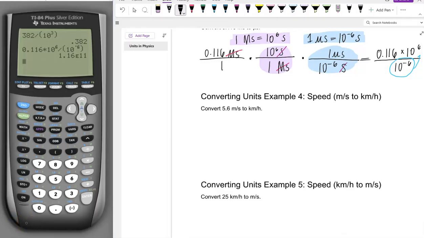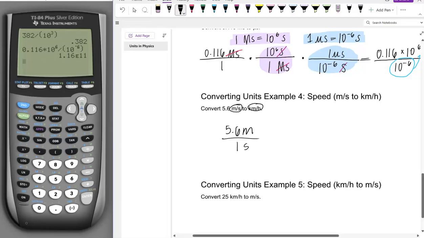Just like before, you're still going to start out with your given in the first fraction. This one's a little different though. It's not just 5.6 meters over 1, it's 5.6 meters over 1 second. We want to convert both the distance to kilometers and the time into hours.